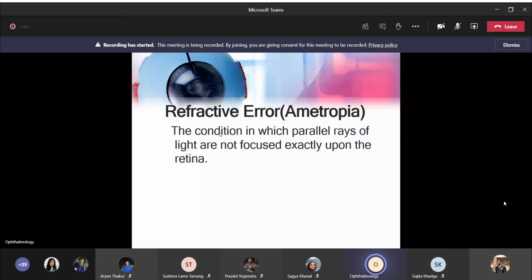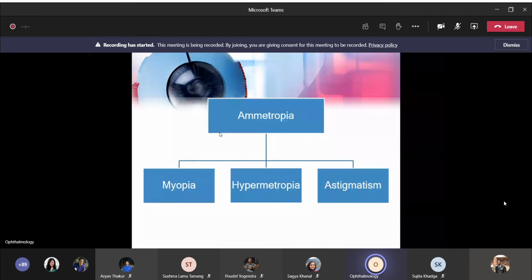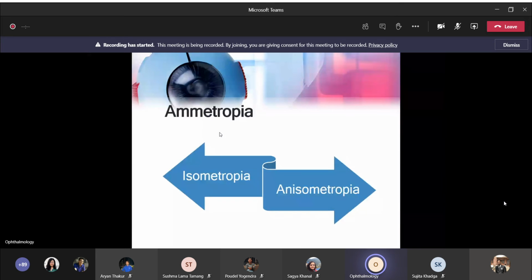In this picture, the parallel rays of light coming from infinity meet before the retina, and that's why the image that reaches the retina seems blurred. Ametropia is classified into 3 types: myopia, hypermetropia, and astigmatism. Today we are going to study myopia.